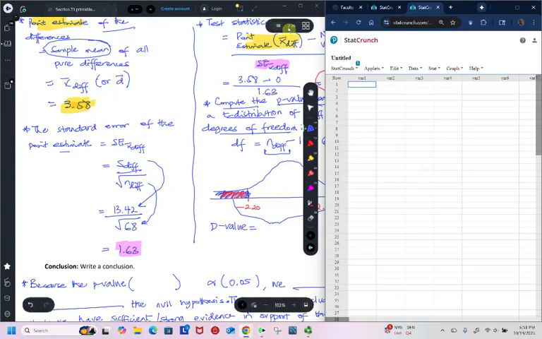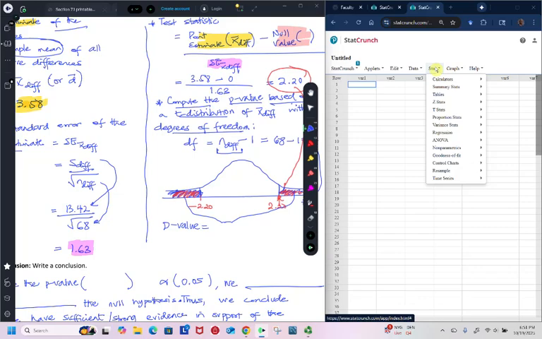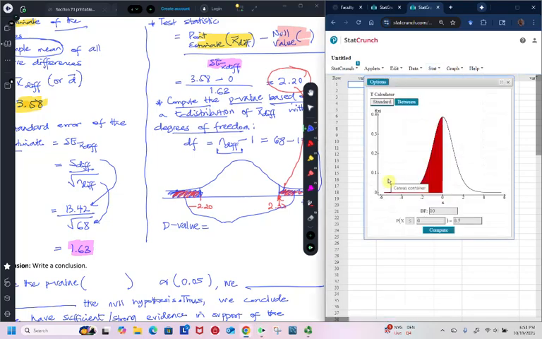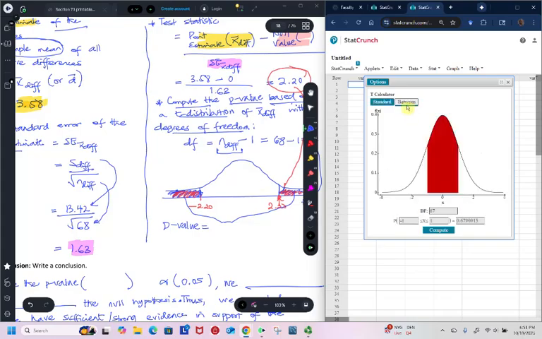Now, in StatCrunch, we'll need to go to Statistics, go to Calculators, go to the t-distribution. The degrees of freedom here is 68 minus 1, which is 67. And then I would like a case of between.